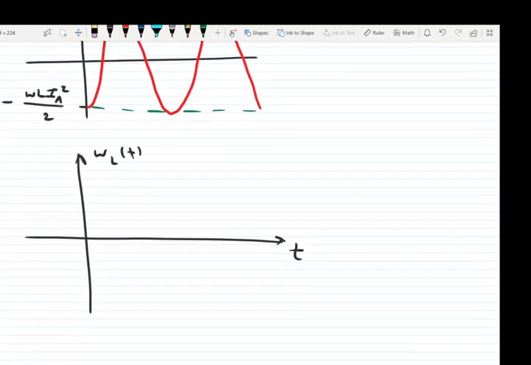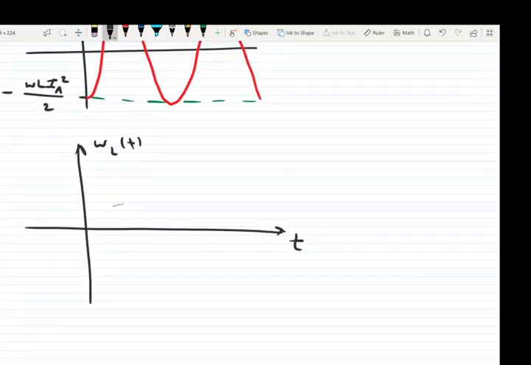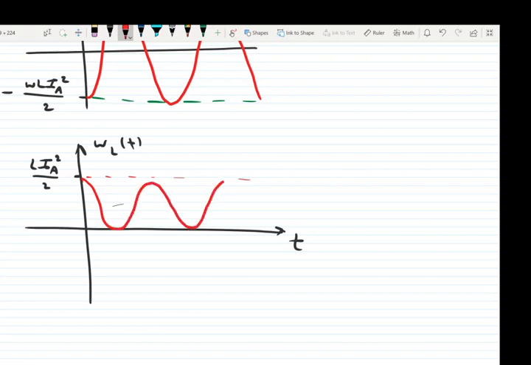The minimum is 0, and the graph is like this. So this one is the energy.